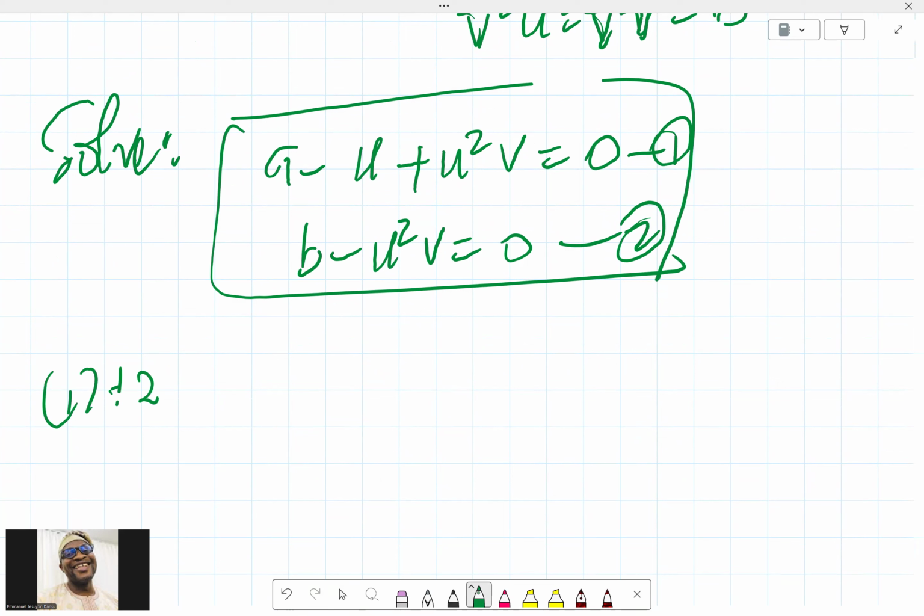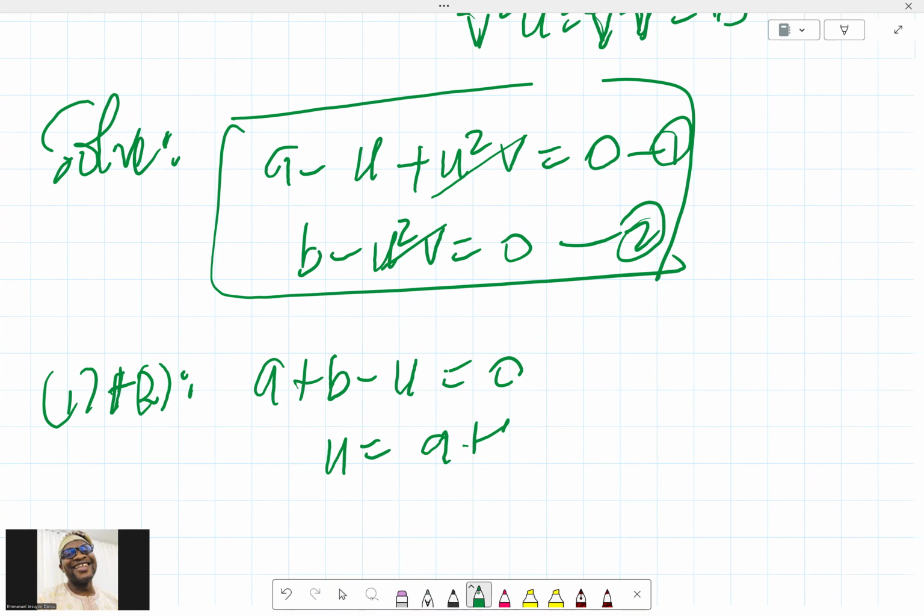Adding 1 to 2, since one is positive and the other is negative, we have a plus b minus u, and the others cancel out, and that is equal to 0. So we can easily get u. So u is equal to a plus b.